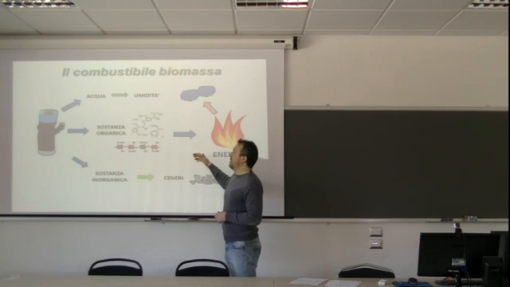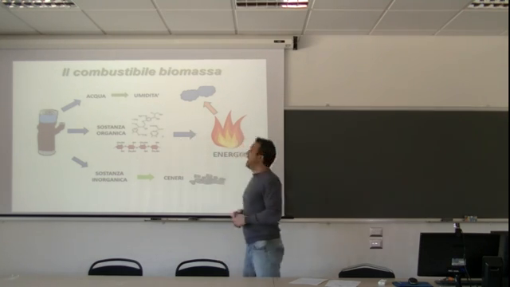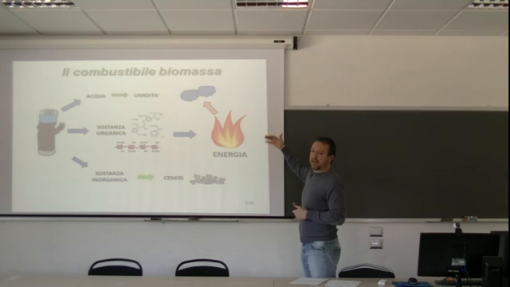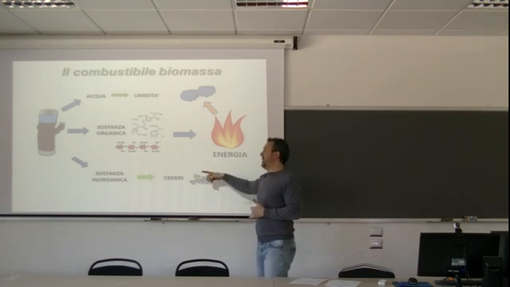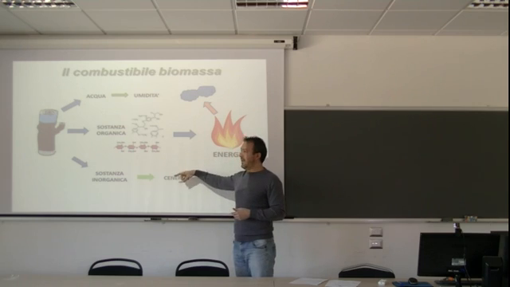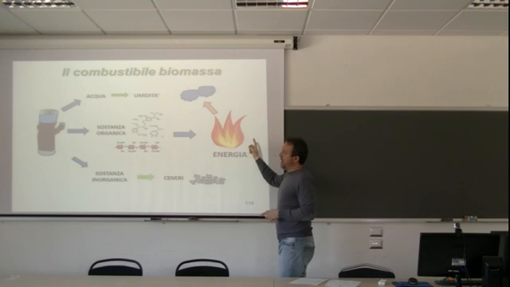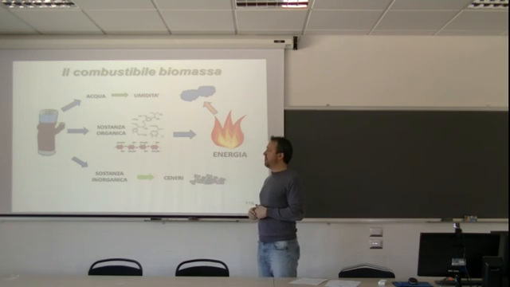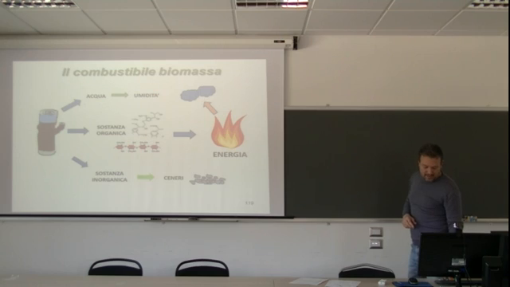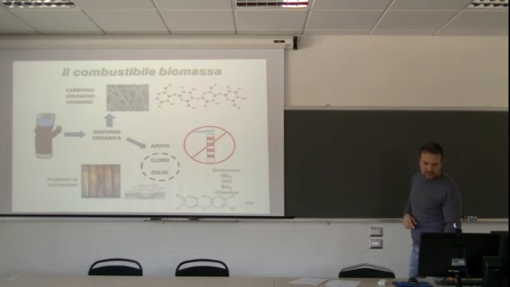In general, we have the organic matter, which is the part we can convert into energy, and an inorganic matter which, in a thermochemical process, we find at the end of the process, in the ashes. And so these are the three main parts of biomass.